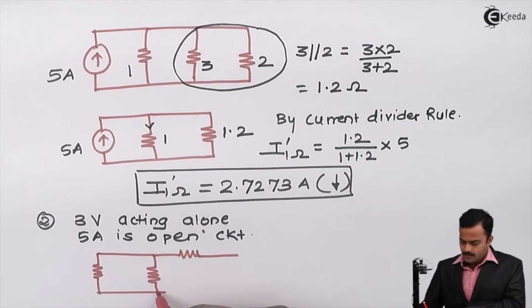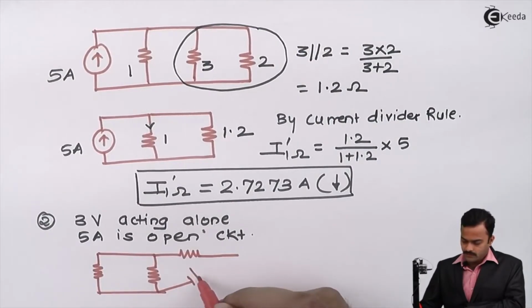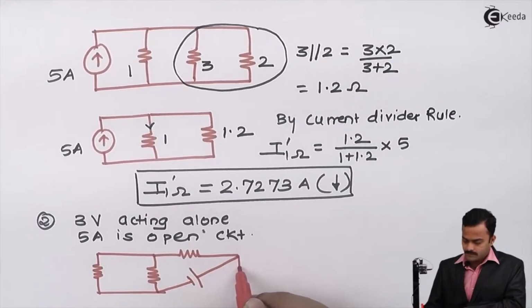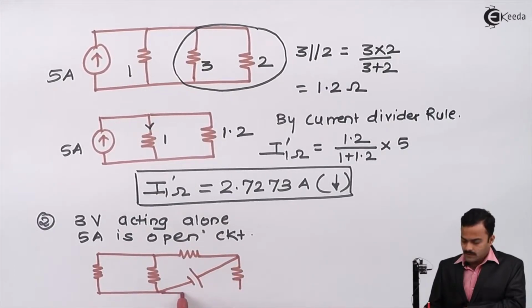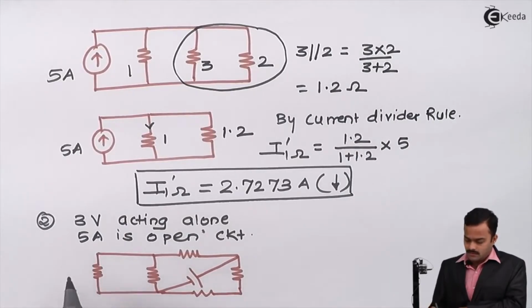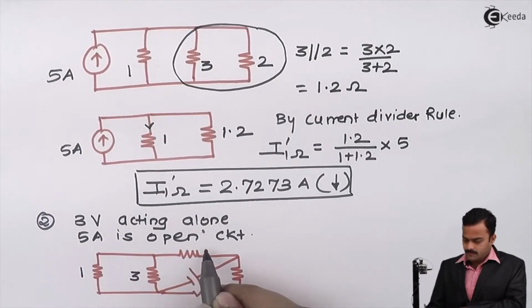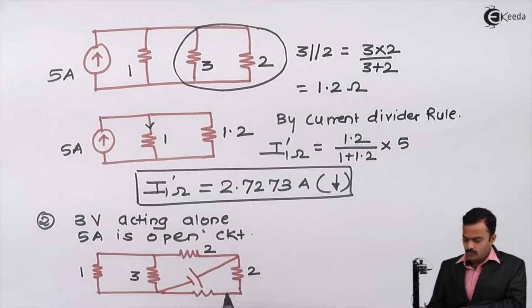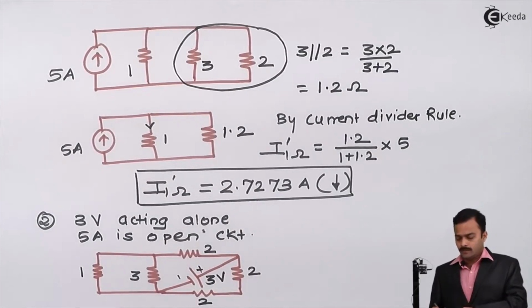Here the battery of 3 volt will act alone, and these are the two resistances which will be in series.